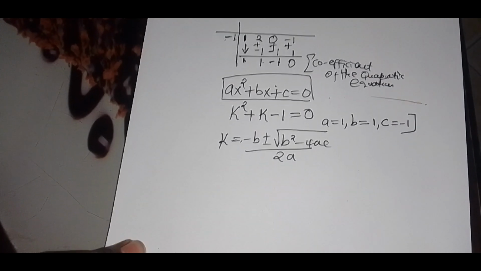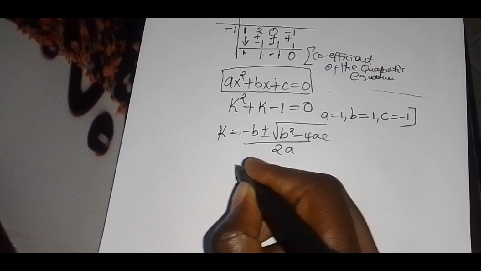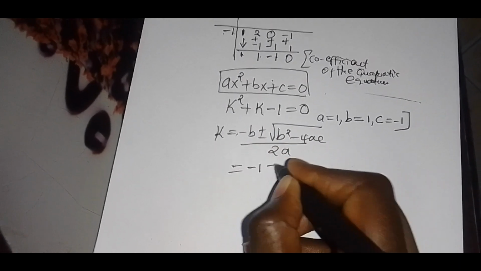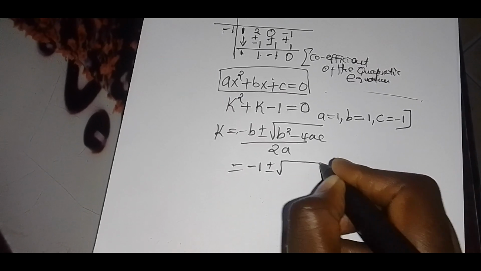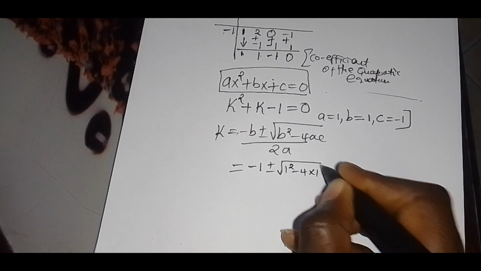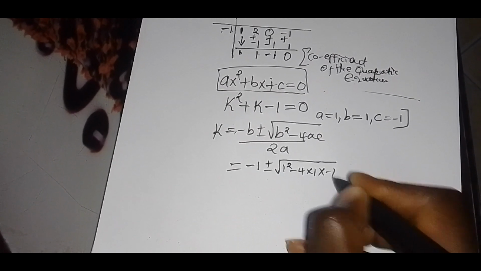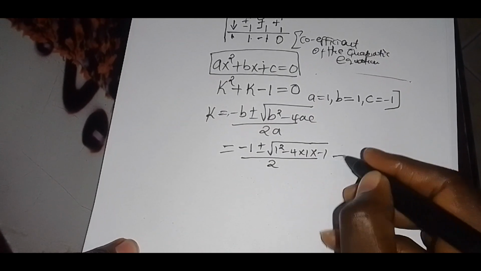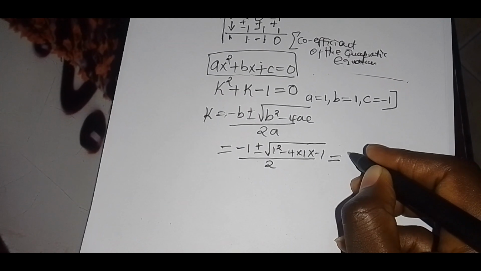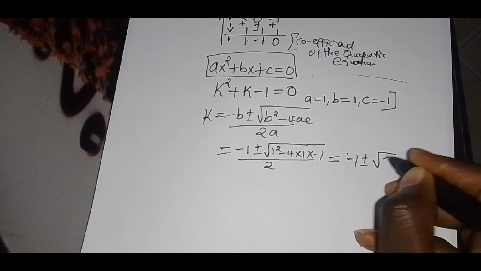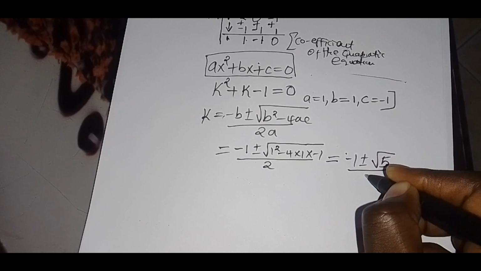So we'll have -1 plus or minus the square root of 1 squared minus 4 times 1 times -1, divided by 2. So now we're going to have -1 plus or minus the square root of 5, divided by 2.